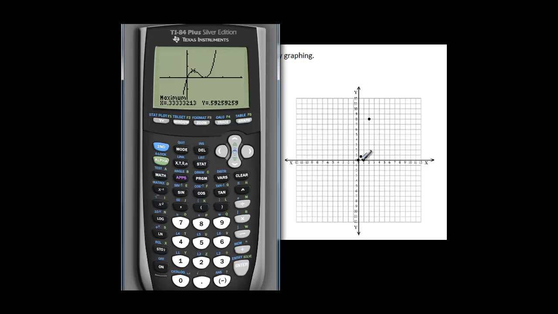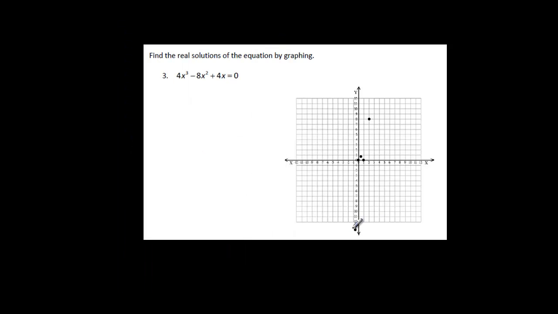And it bounces off of here, and it goes up. So let's try to graph that as best as we can here. So it goes up, through, bounces off, and then goes up the rest of the way.